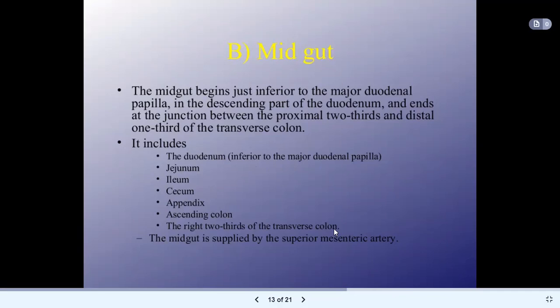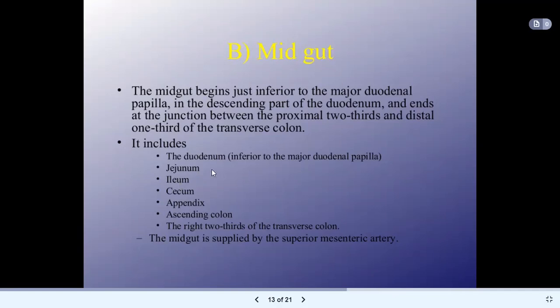I'm going to show you a diagram where you will find all of these organs. So the cecum, ascending colon, these are all part of your large intestine, while the jejunum and the ileum are part of the small intestine.